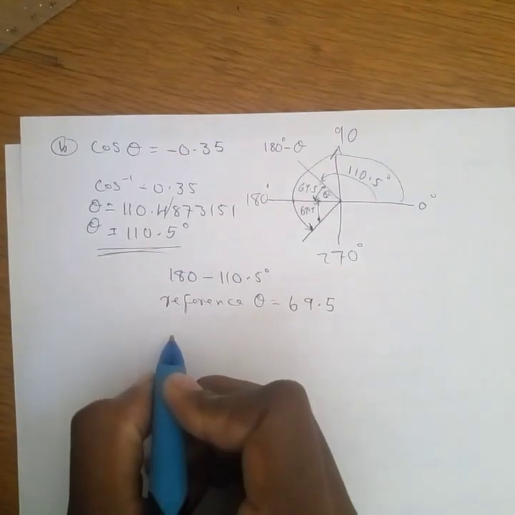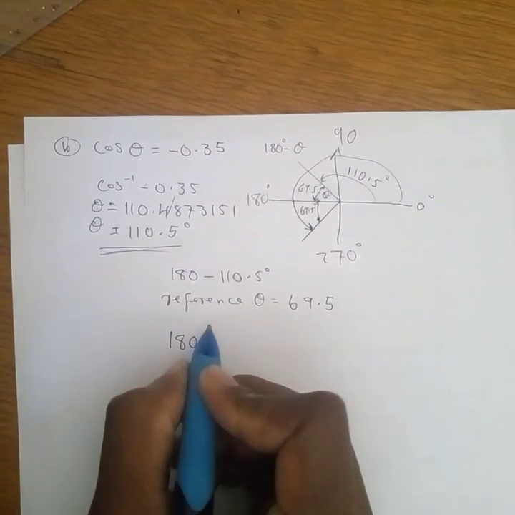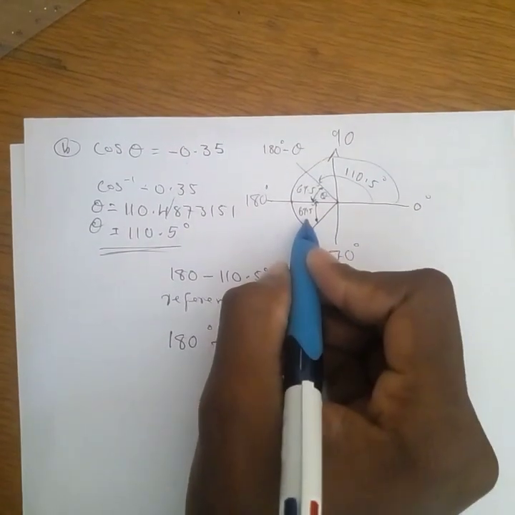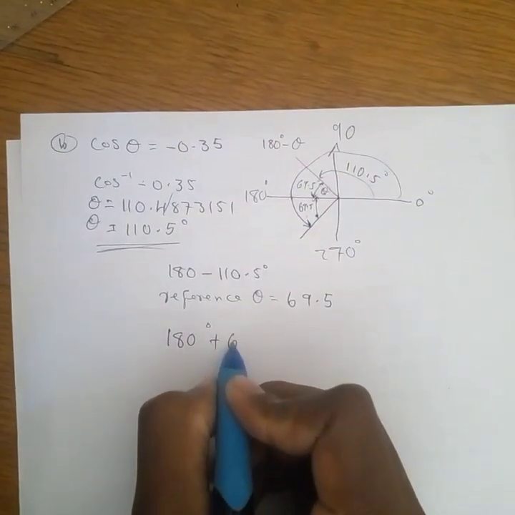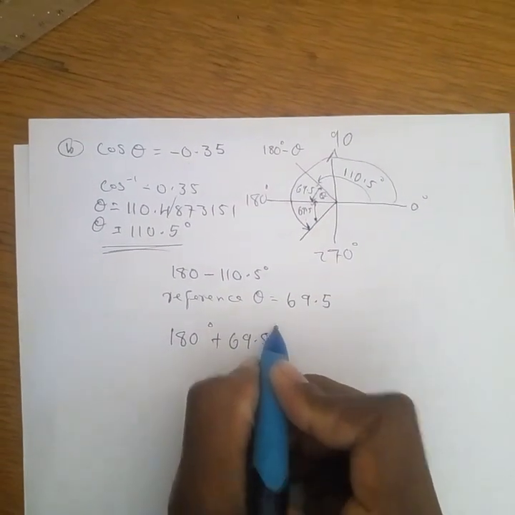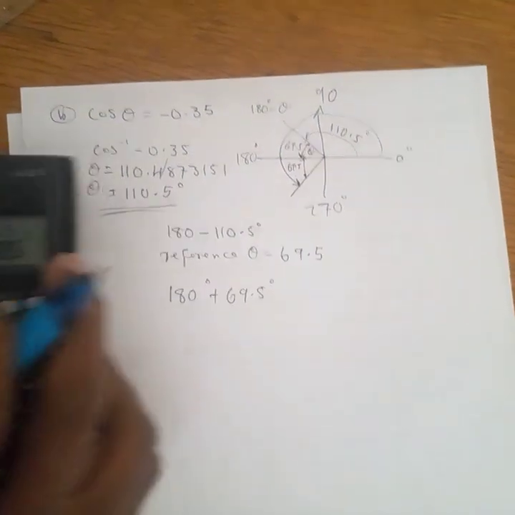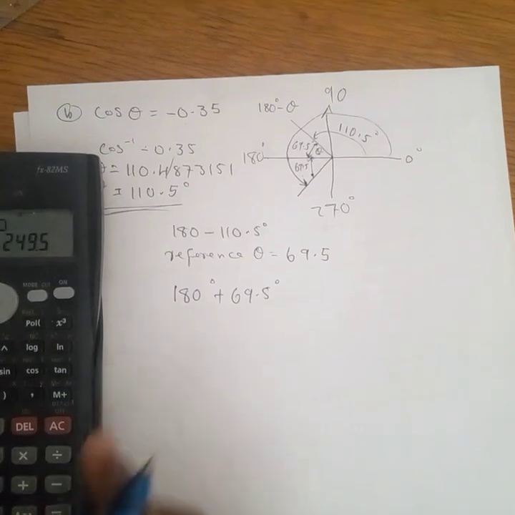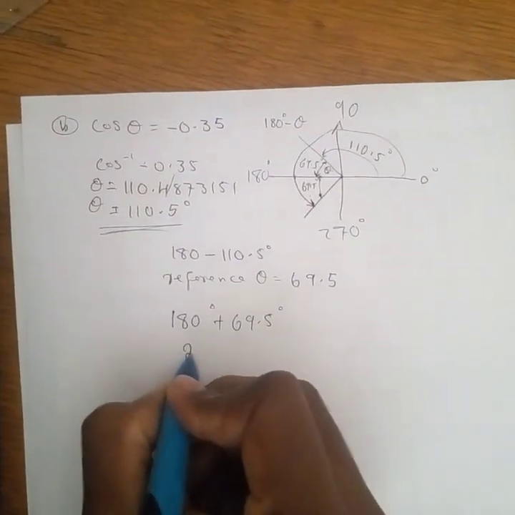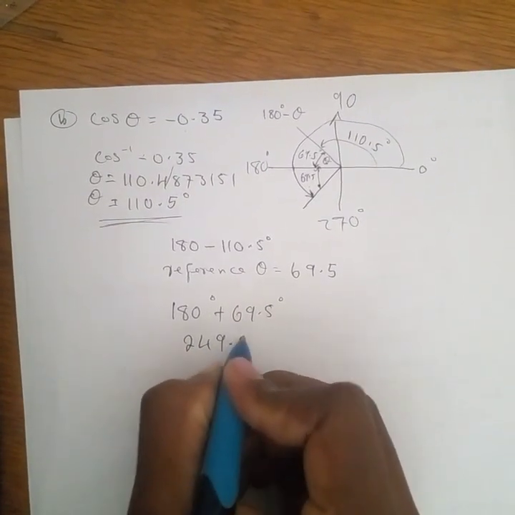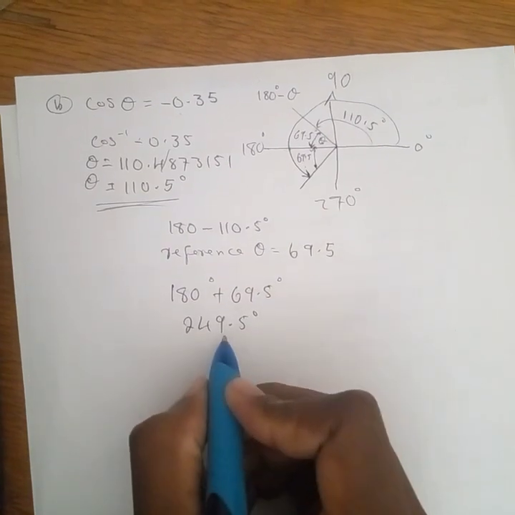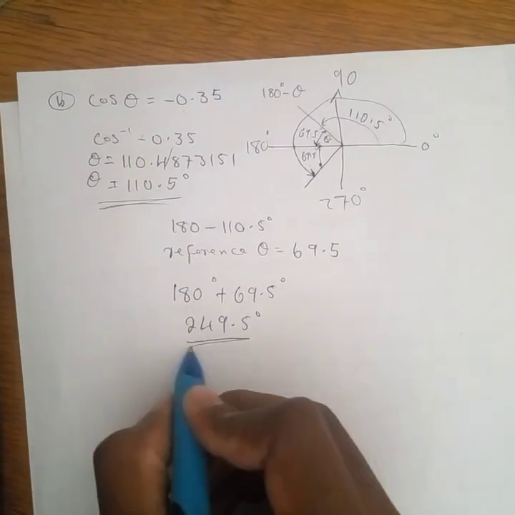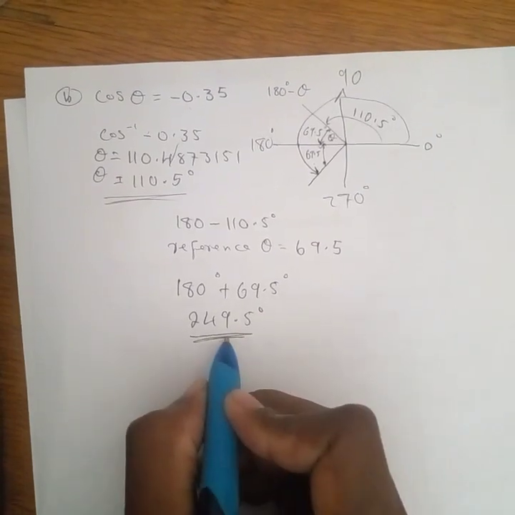We are going to say 180 degrees plus the reference angle given here, which is 69.5 degrees. When we add these, 180 plus 69.5, we have 249.5 degrees. So this will be our second answer.